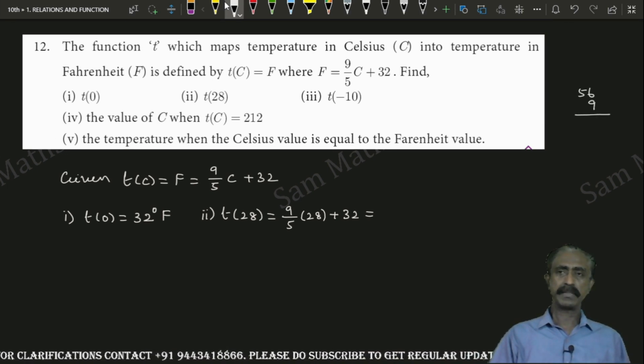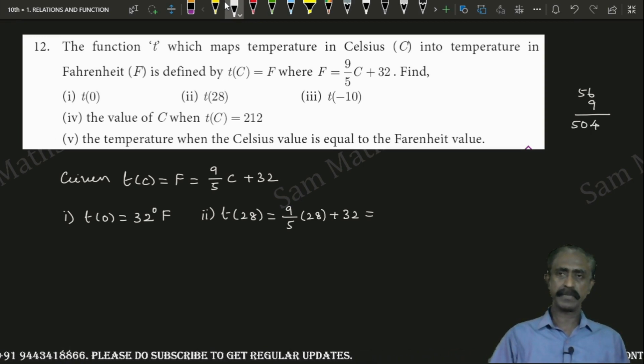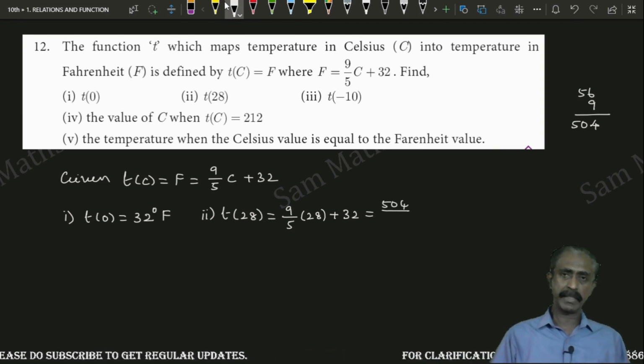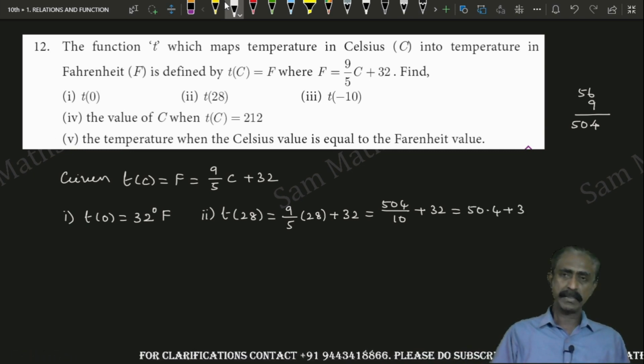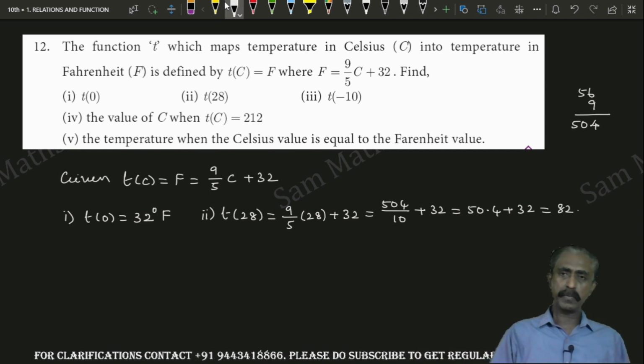It becomes 9 sixes are 54, 5 nines are 45 plus 5 is 504. So 504 divided by 10, since I multiply and divide by 2, plus 32, which is equal to 50.4 plus 32, which is equal to 82.4 degree Fahrenheit.